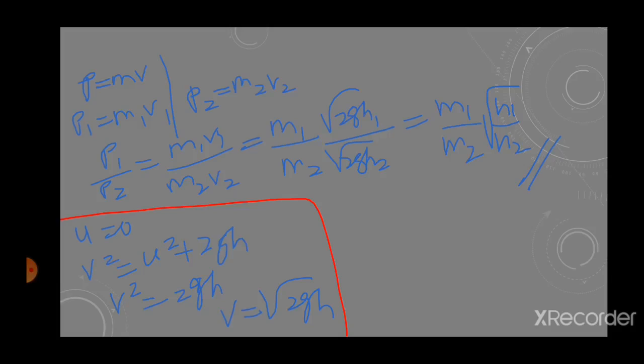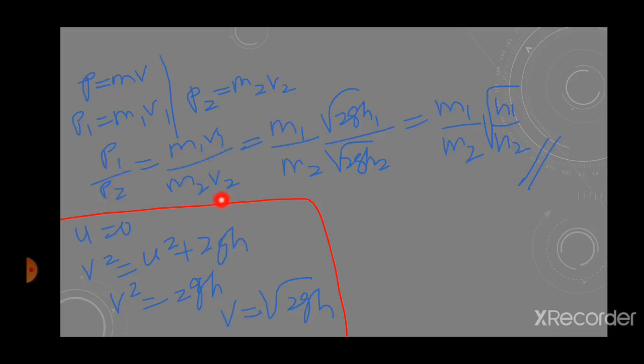So student, now tell me, what is the formula for momentum? p is equal to mv. Now the first object's momentum p1 is equal to m1 into v1. The second object's momentum p2 is equal to m2 into v2. Therefore the ratio of momenta p1 divided by p2 is equal to m1 v1 divided by m2 v2.